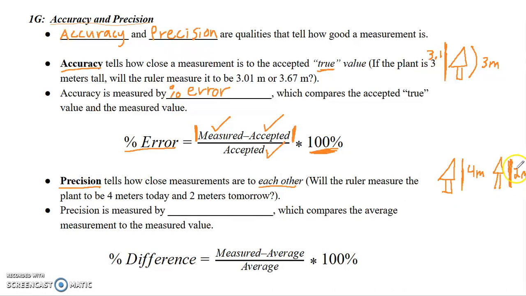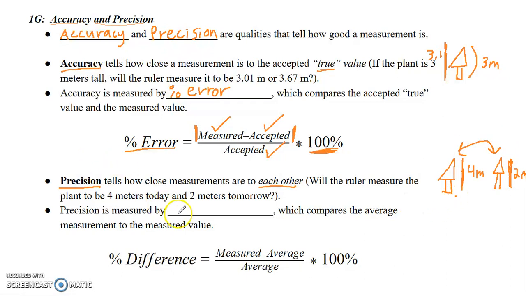Precision is going to tell you basically how close your measurements are to each other. So are your measurements consistent with each other? Are you getting measurements that are close to each other if you keep measuring the same thing? That's what precision is going to tell you.